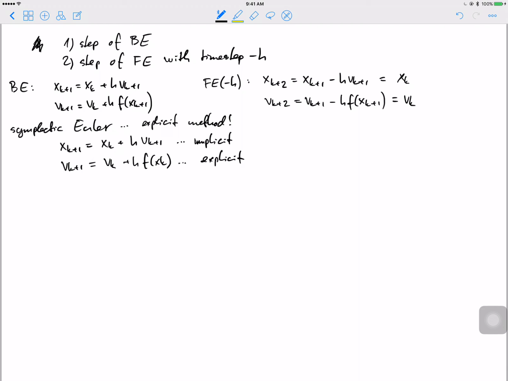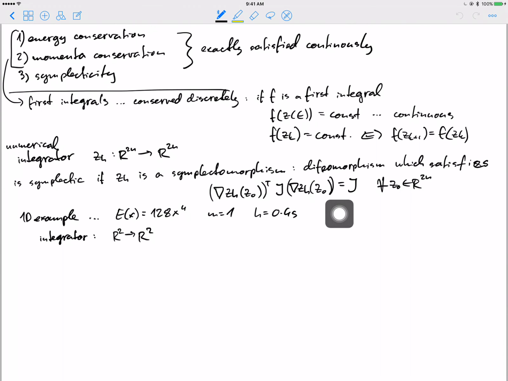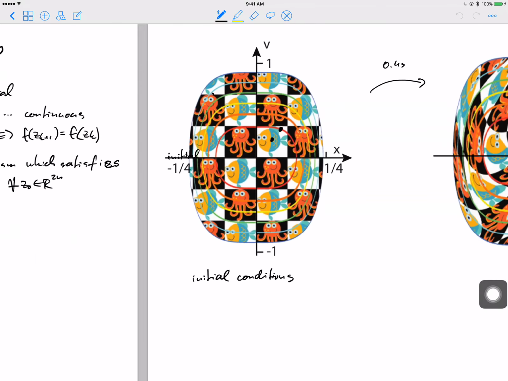And indeed, it is symplectic. I won't have the time to do it today, but you can prove it for your voluntary homework. You can compute the Jacobian of the symplectic Euler, and after a little bit of algebra, you will see that this is true.